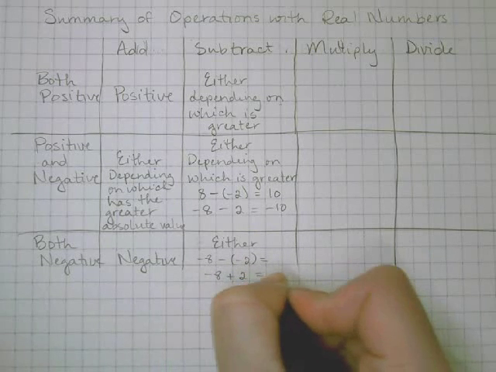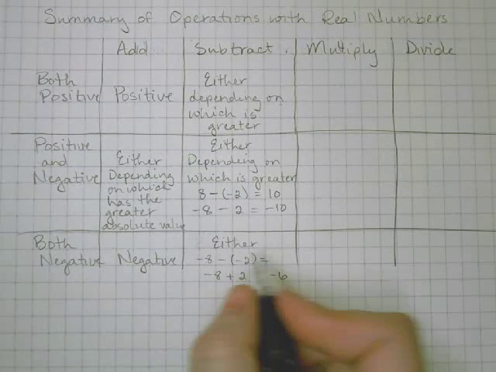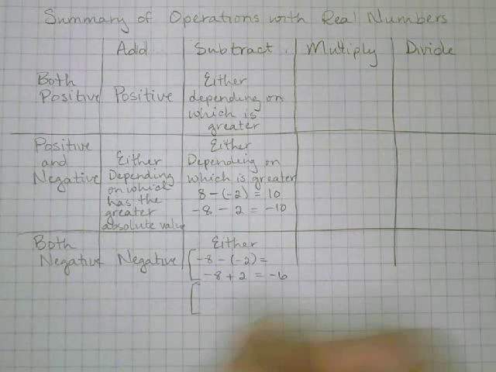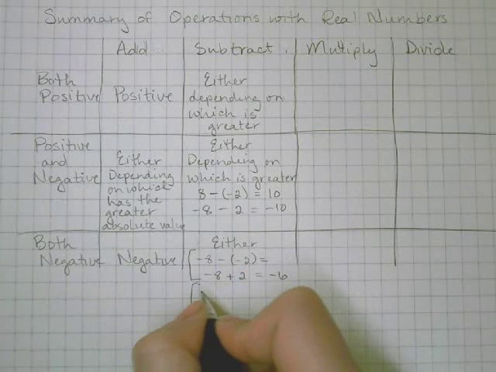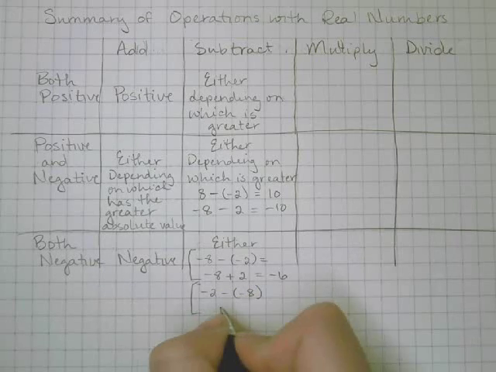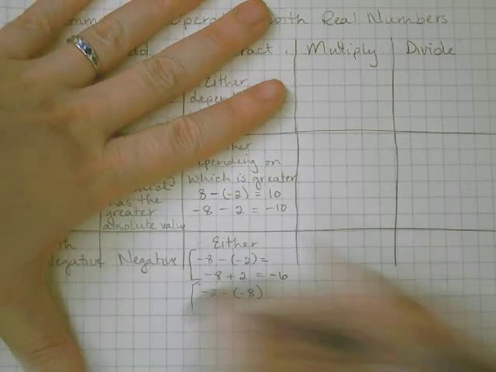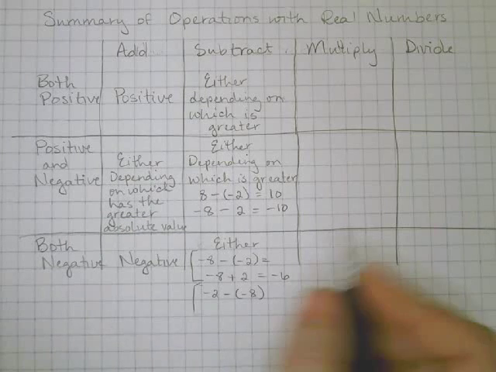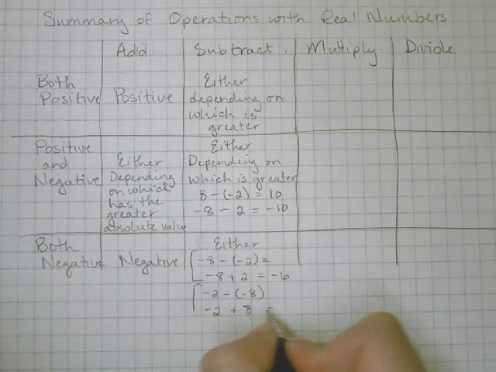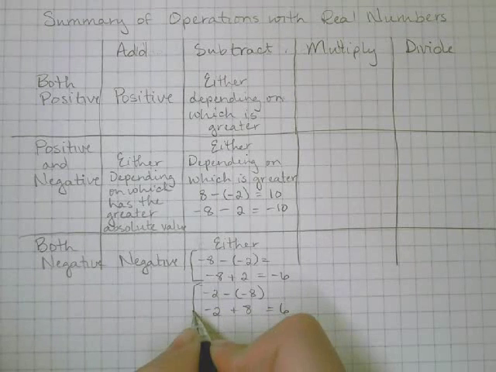On the other hand, if I have negative 2 minus negative 8, that's the same as negative 2 plus 8, which ends up giving me a positive 6. So it really just depends on the order and which one is bigger.